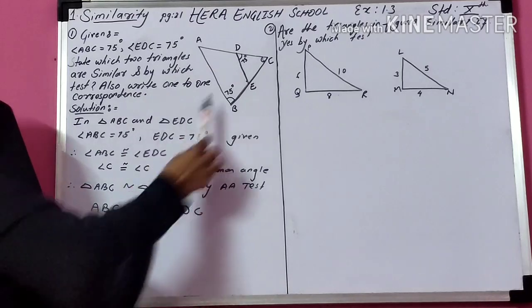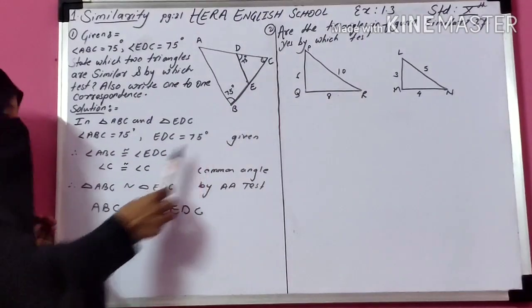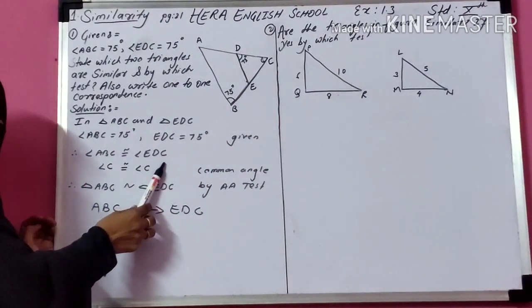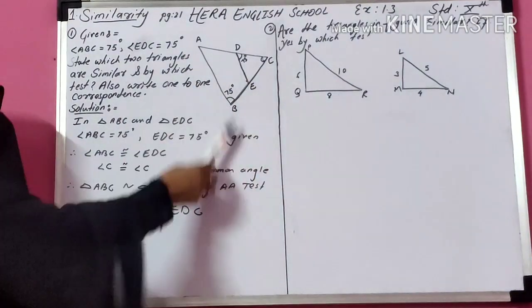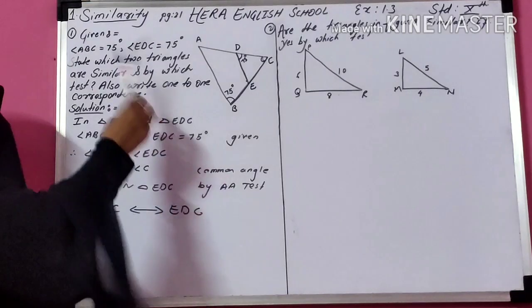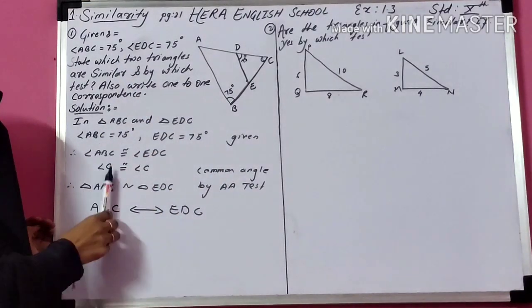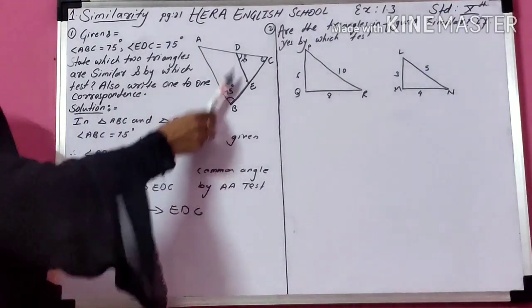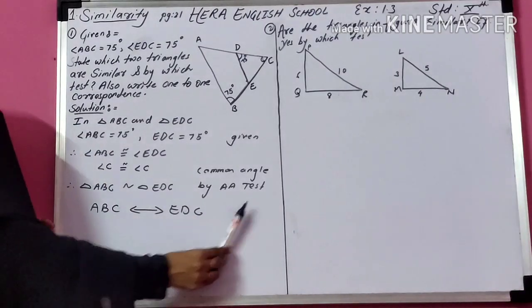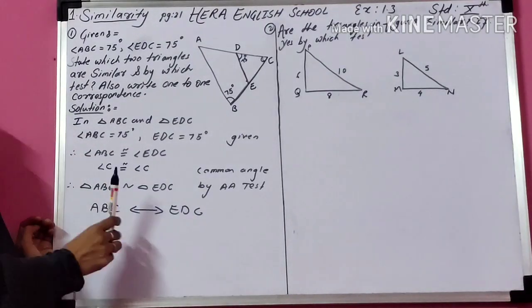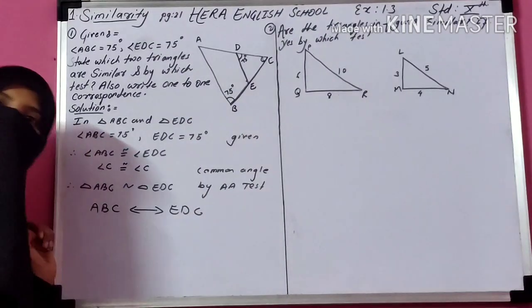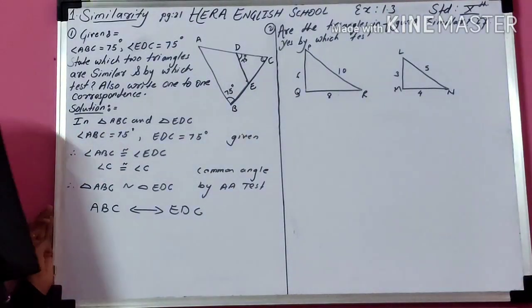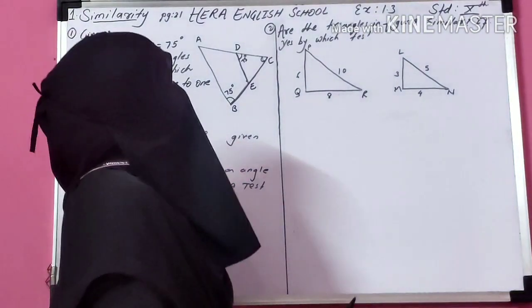One angle of 75 degrees is given to you, so these two angles are congruent. Now angle C is common between the two triangles, so this angle is congruent. Therefore these two triangles are similar by the AA test of similarity. Got it? Easy question. Now move to the next question.